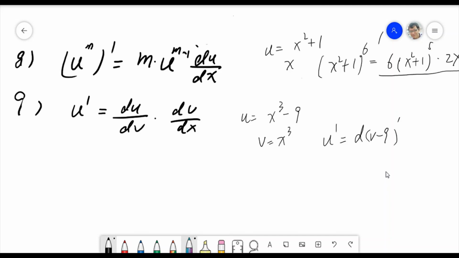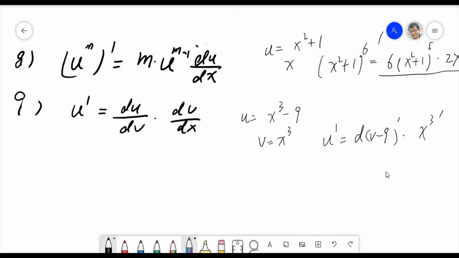And this derivative is the derivative of v, and times dv. v is x cubed, and then the derivative based on x is like this, right?